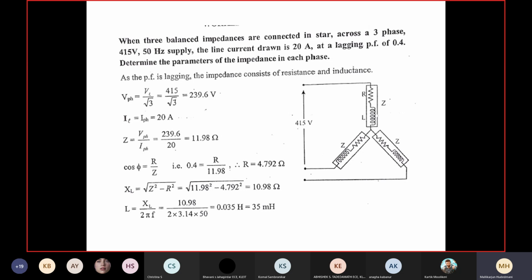Determine the parameters of the impedance in each phase. This kind of problem will come to us. To solve these, we require knowledge of the phase and line voltage relationship, phase and line current relationship, power relationship, and power factor relationship. This is one approach.